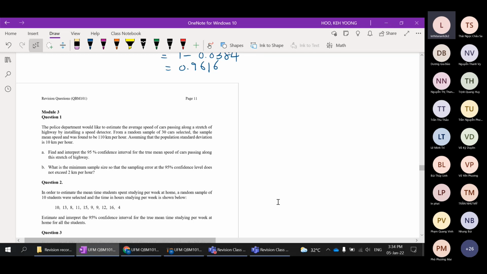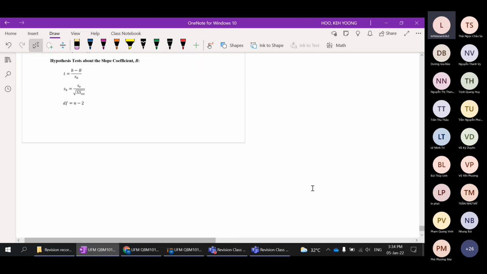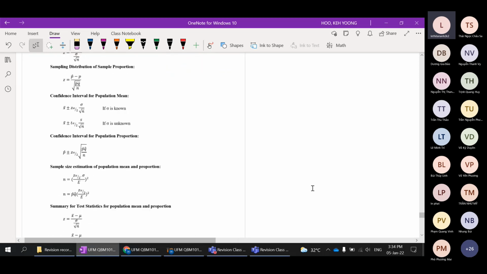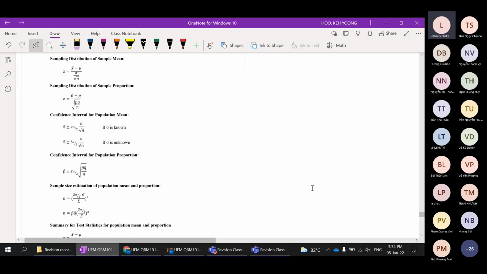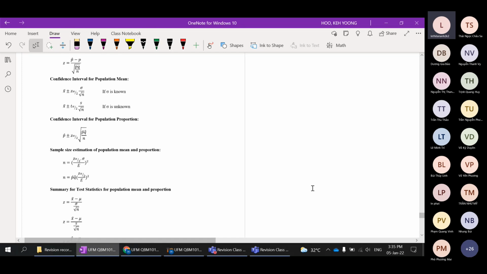So for estimations, let's look at the formulas. For estimations, we have these 3 formulas. We have point estimations and interval estimations.